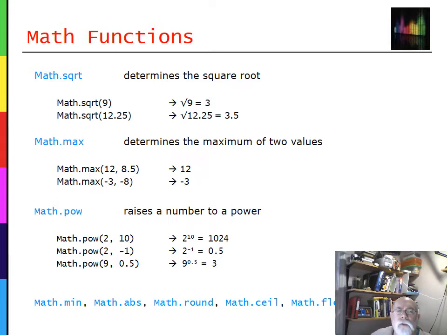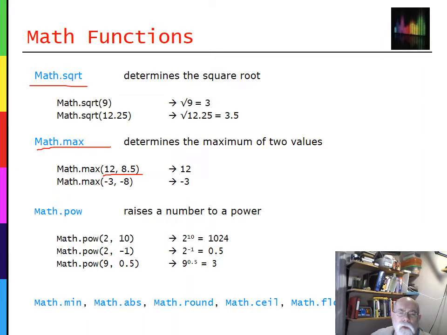So here they're showing you some of the math functions that are available in JavaScript. And of course, you know, the square root of a number. You can also have one to do squares, and ones to do cubes. Looking for the maximum number within a series of numbers.